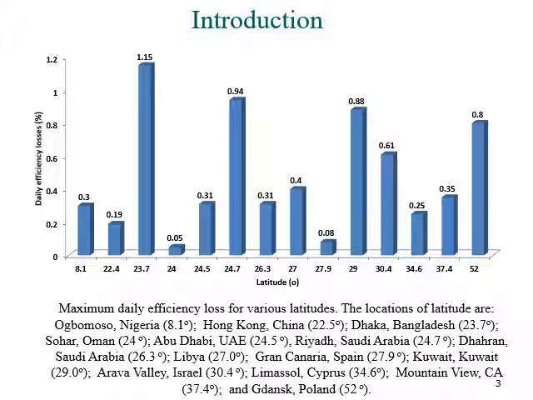The x-axis is latitude, showing different locations, from Nigeria, China, Bangladesh, Oman, and so on. Some of them have high daily efficiency losses, and some have low. It's good for the losses to be low.